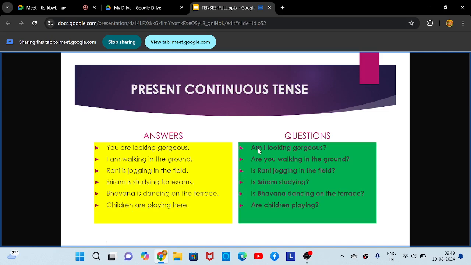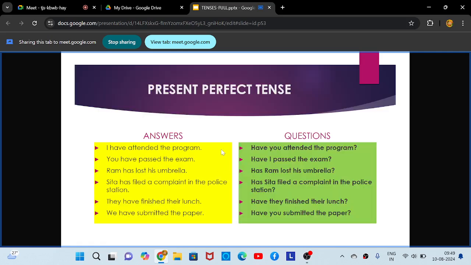So please make sure whether they are in simple present or present continuous. How can you confirm that? It is by looking at the form of the verb. If it is in V1 plus ing, confirm it as present continuous tense. Otherwise, if it is simply V1, that will be simple present tense. Okay. Next, if it is clear, moving to present perfect tense.